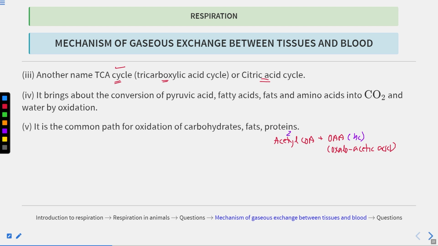Here acetyl coenzyme A is a 2-carbon compound. And then what will be formed? A 6-carbon compound known as citric acid. So citric acid is formed, which is a 6-carbon compound. That's why it is known as the citric acid cycle also. And the citric acid contains 3 carboxylic acid groups.